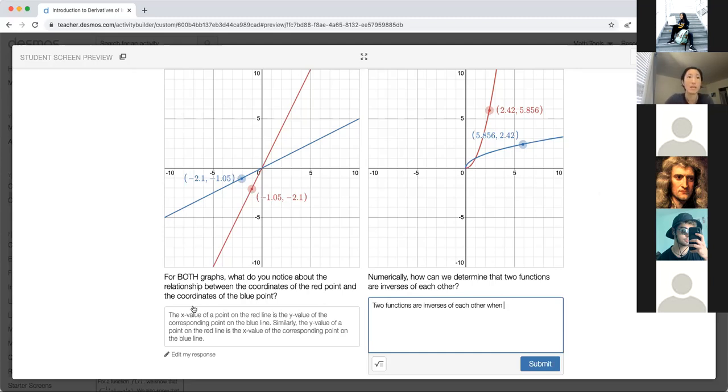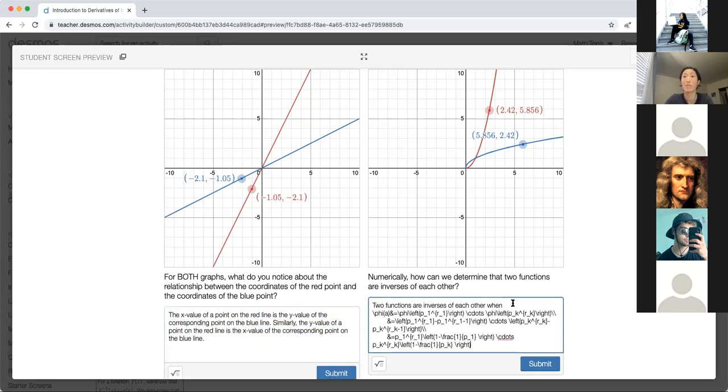Meaning that, when the x values of points on the red graph are the y values of the points on the blue graph.